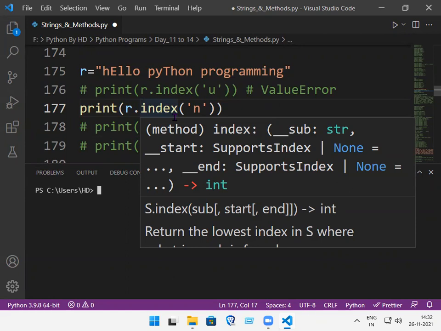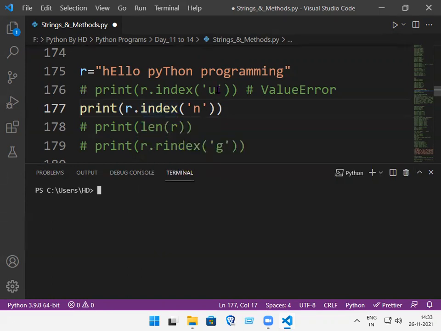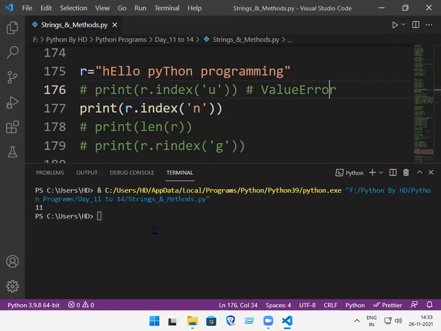Why? General difference or what difference? 12 or 11? 11.